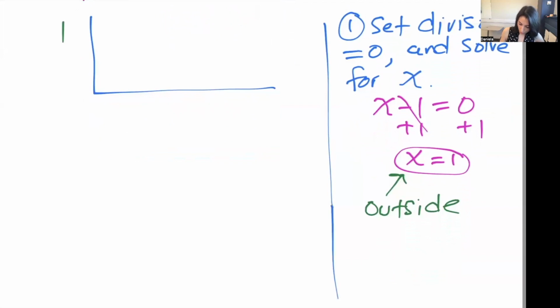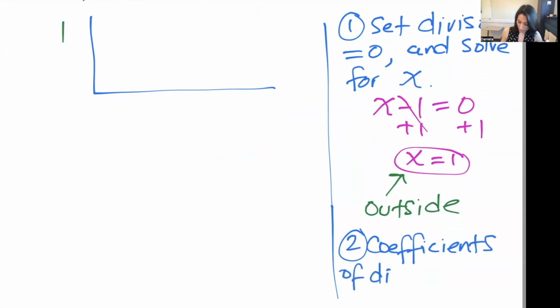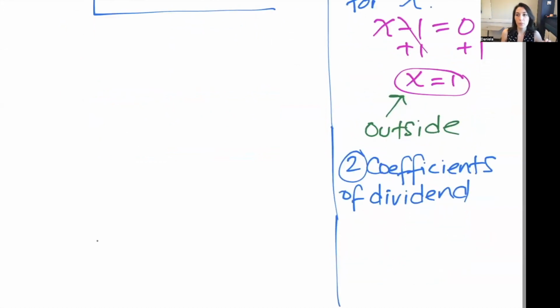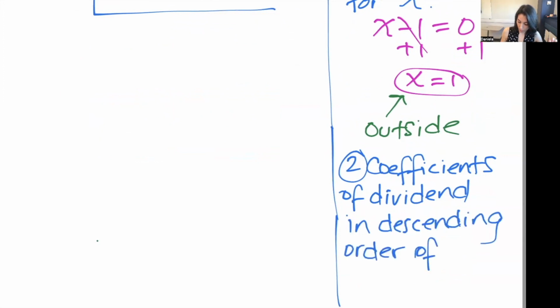Okay, so number 2 is then you're going to, very importantly, take the coefficients of the dividend. Very importantly, it has to be in descending order of the exponents.